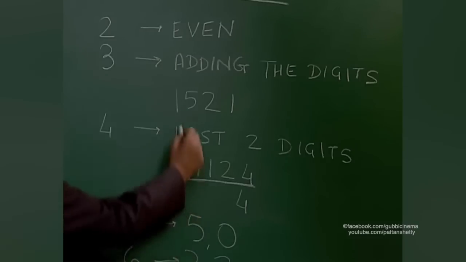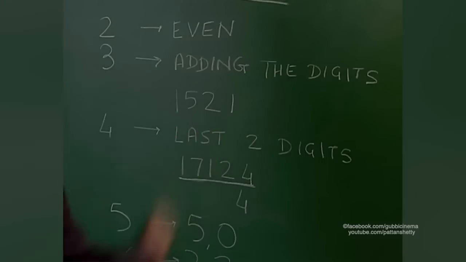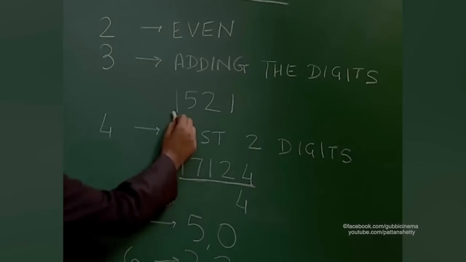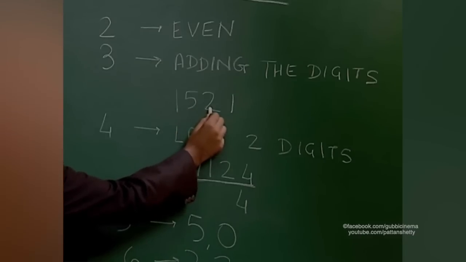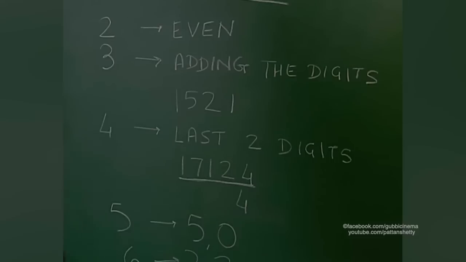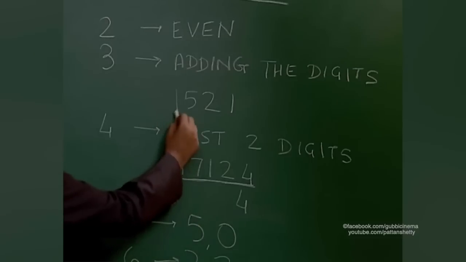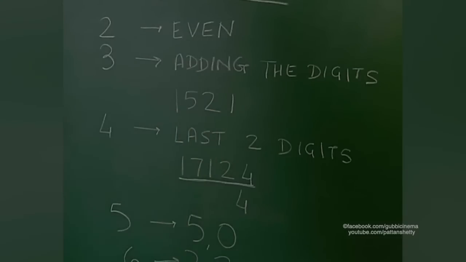Suppose you want to find out whether 1521 is divisible by 3. So I add all the digits. 1 plus 5 is 6, 6 plus 2 is 8, 8 and 1 is 9. Since 9 is divisible by 3, 3 times 3 is 9, I can presume 1521 is also divisible by 3.